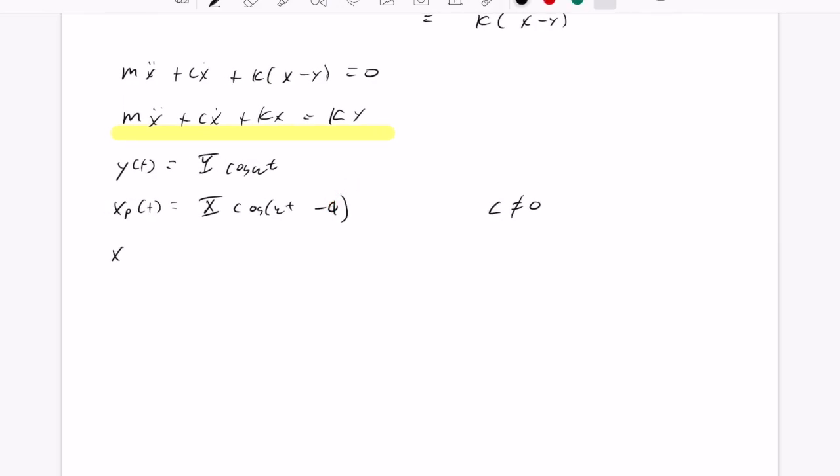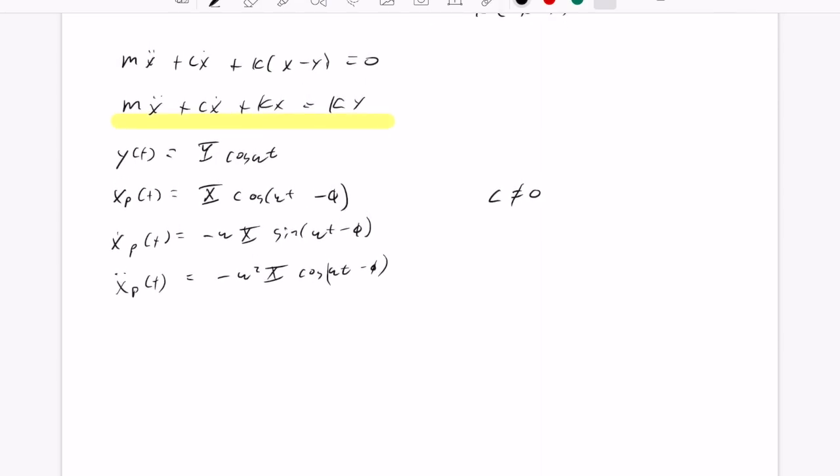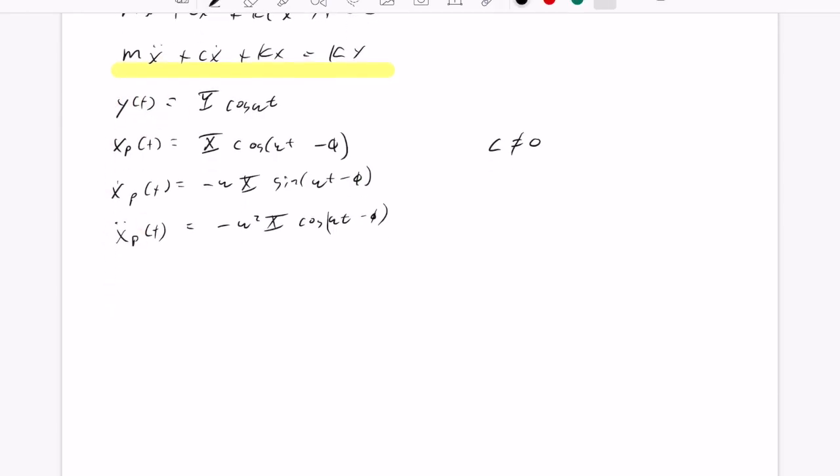Okay, and x dot p, so the velocity of the particular solution ends up being negative omega x sine of omega t minus phi, and then the acceleration of this particular solution is negative omega squared x cosine omega t minus phi. Now we take these values and just plug them into the right spot of our system.